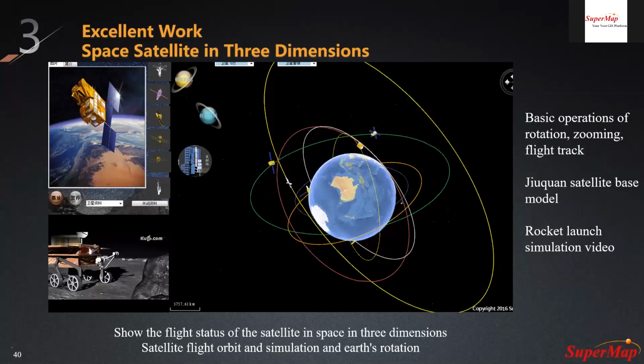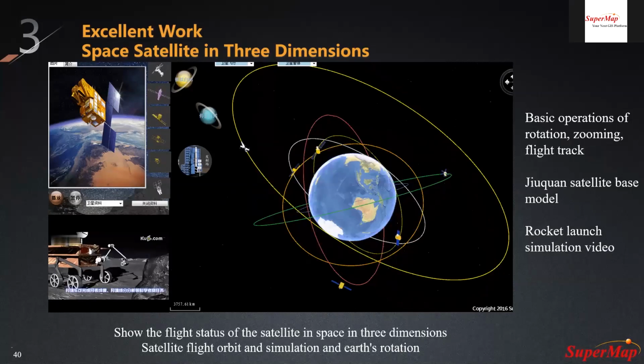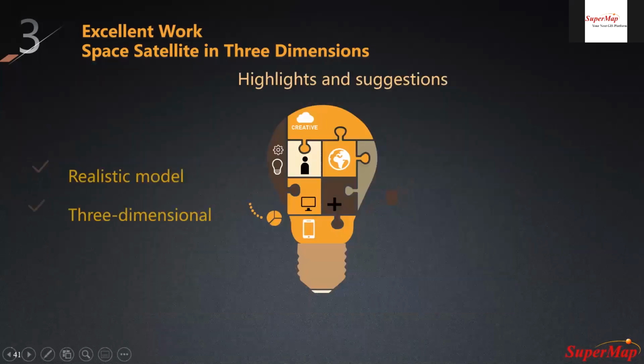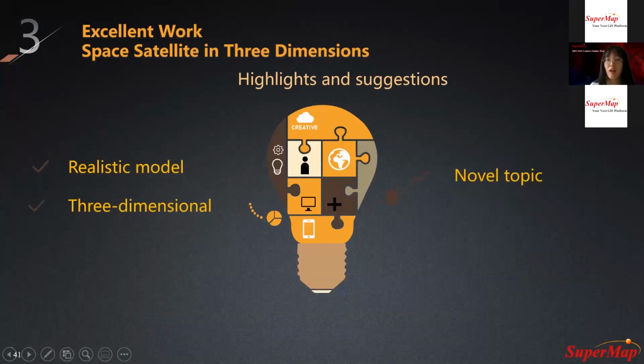So from this one, we can see that it is very interesting to use a realistic model in your work. And it is possible to combine GIS with 3-dimensional data. And you can also take this as a hint for your novel topic.